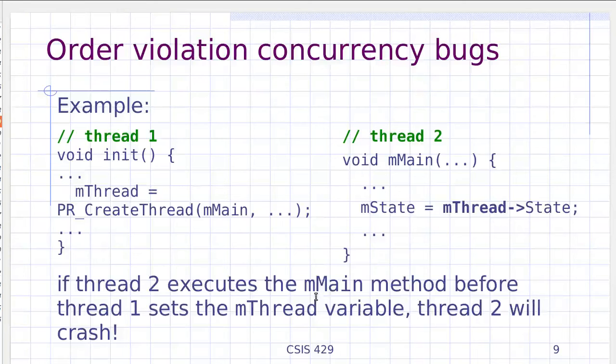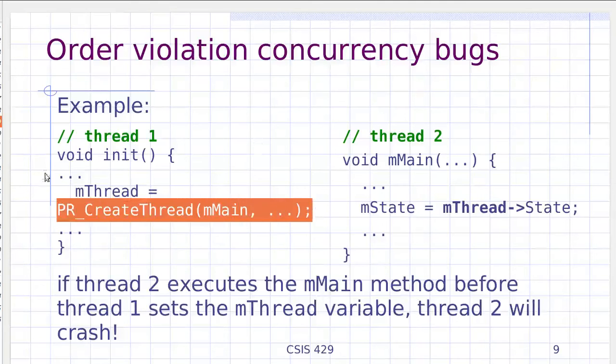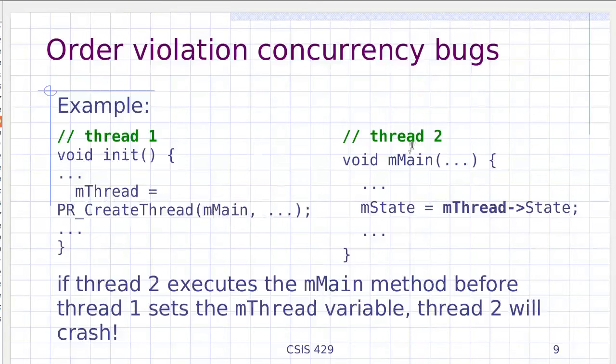Okay, let's take a look at another problem, that is order violation. So here we have once again two threads executing different code, and so in one code you are asking to create a thread which will execute, let's say, this mmain function, and then in mmain you are going to dereference this variable which is going to be returned by this call.